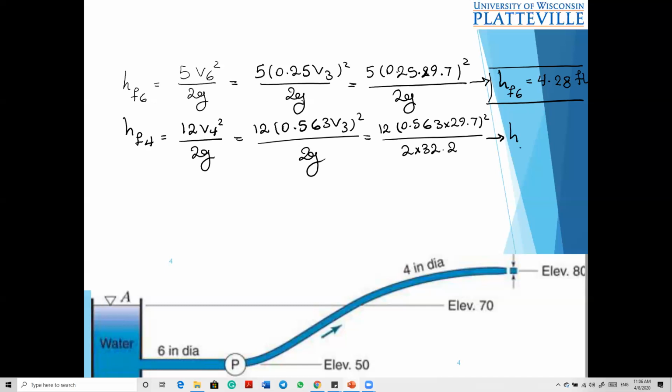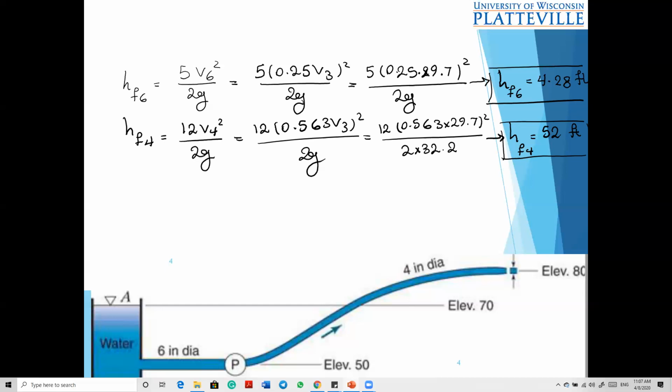From here, head loss in the 4-inch pipe is 52 feet. You can compare the head loss in the 4-inch diameter and 6-inch diameter. You can see we have less head loss in the shorter pipe compared to the longer pipe. And also the elevation causes a lot of head loss.